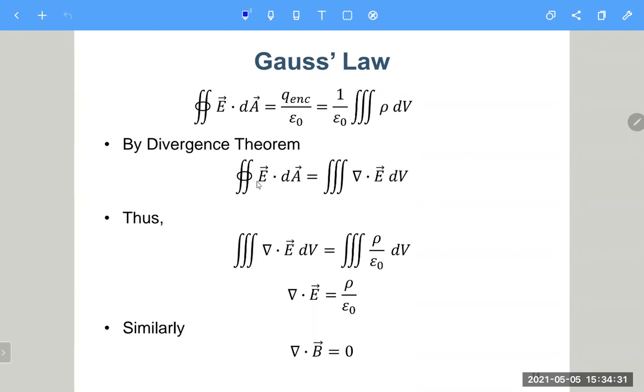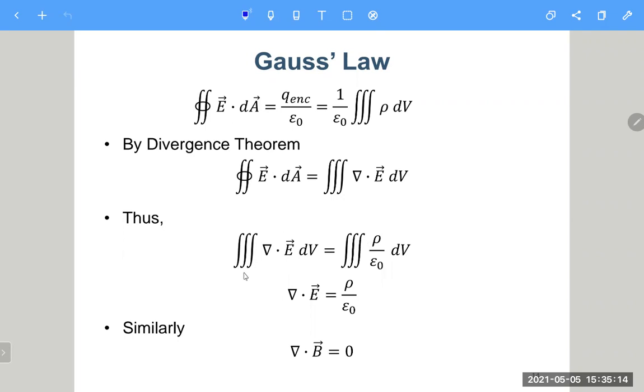So in this case, this is the left-hand side of Gauss's law. So this one is equal to the triple integral. And of course, this one should be equal to this term. So we have the expression like this. We know that this triple integral and this triple integral are over the same volume, and this volume can be arbitrarily chosen, which means that in the whole space the integrands themselves should equal each other.